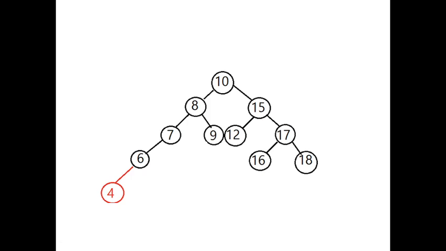But we have to check whether it remains balanced. We have to calculate the balance factor at every node level. If you calculate the balance factor at 7, it's 2 plus 1, 3, but here it is 1. So this is not balanced at node 7, so we have to make it balanced.